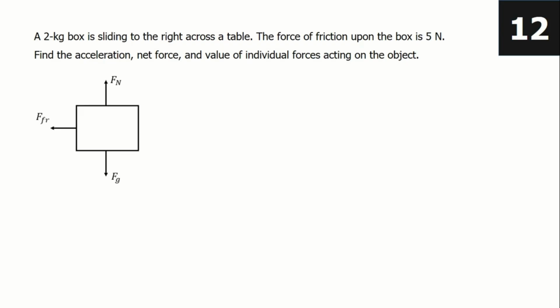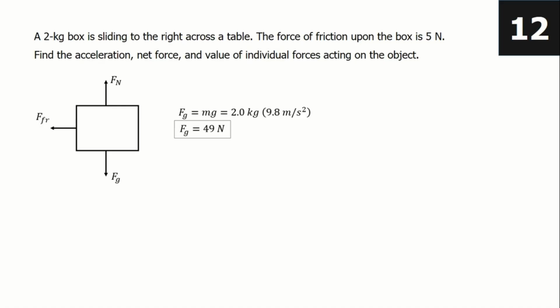So since it is sliding on top of a surface, the table, it should be experiencing a normal force from the table. So it has a mass, that means it has a weight as well. It's mentioned in the problem that it is experiencing a frictional force since it is sliding across the table.